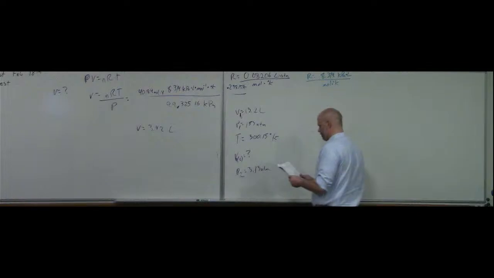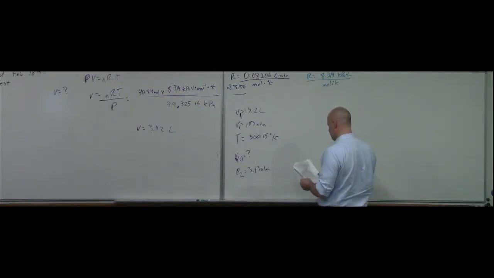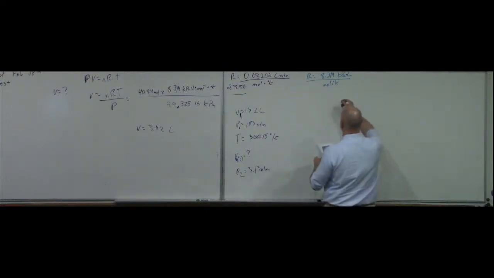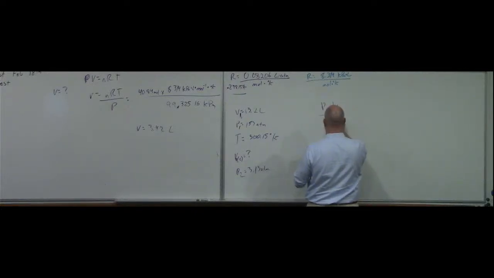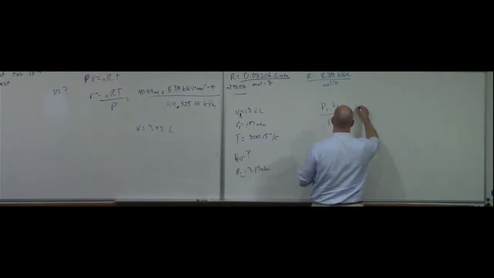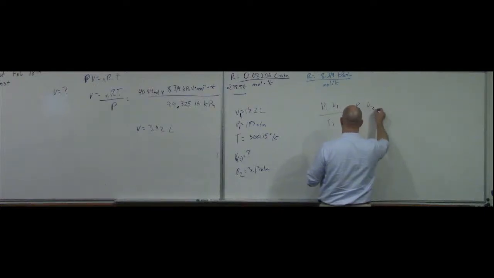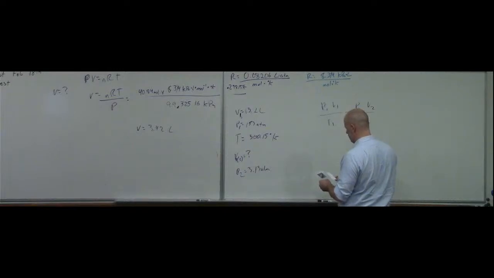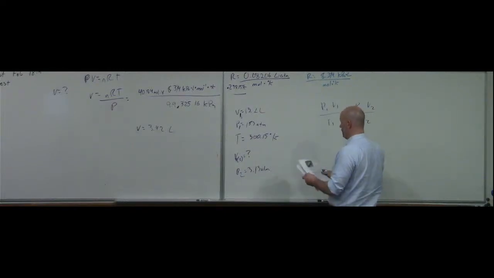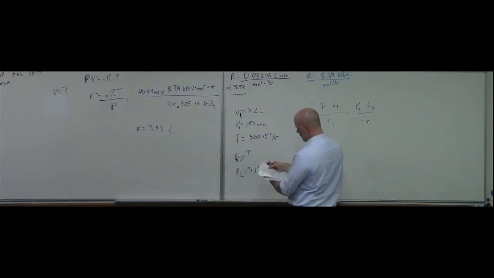Okay. So how does it want us to solve this? Well, it's saying P1 V1 over T1 equals P2 V2 over T2, right? Oh, it gave me a second temperature that I missed.